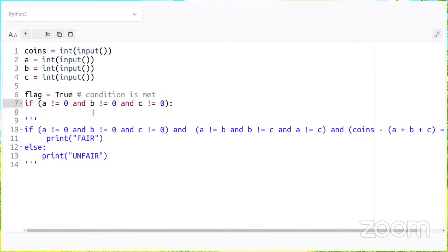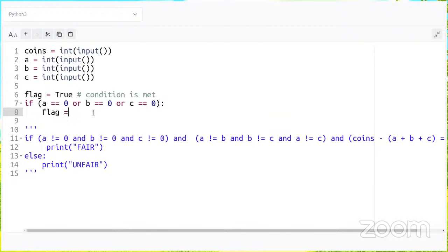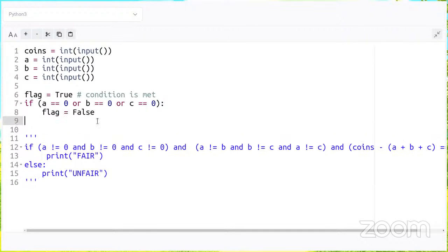So if even one of them is 0, these are all different ways of writing the same problem, then the condition is not met. So I update my flag to say the condition is not met.